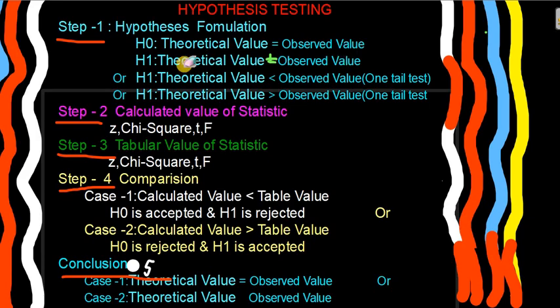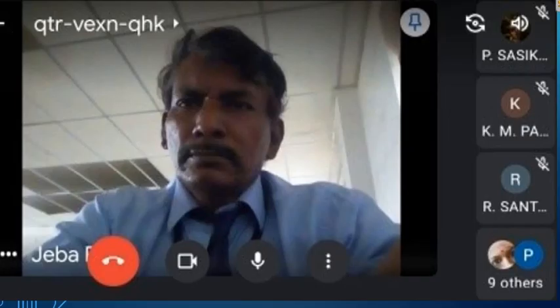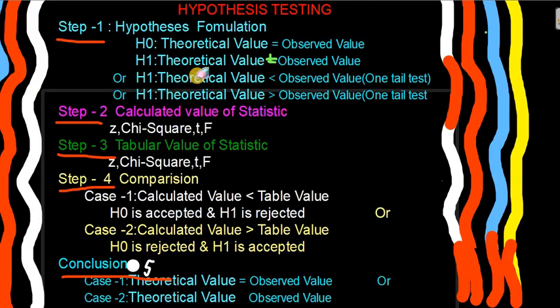So two hypotheses are very important: one is the null hypothesis, the other is the alternative hypothesis. In the alternative hypothesis, there are some possibilities. First case, the theoretical value may not be equal to the observed value. Second case, the theoretical value may be less than the observed value.